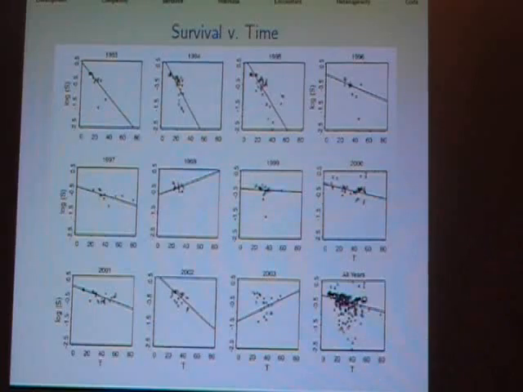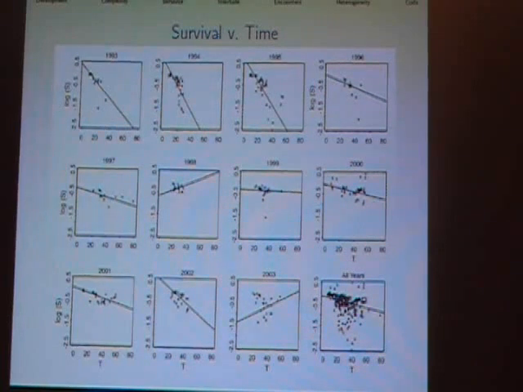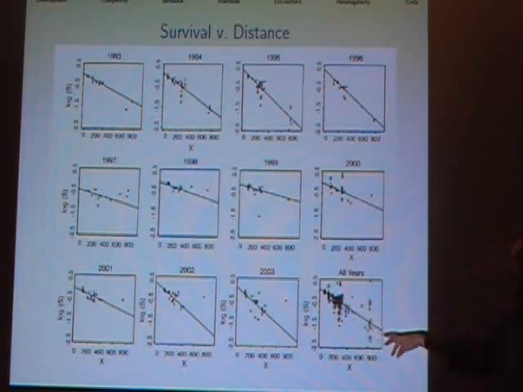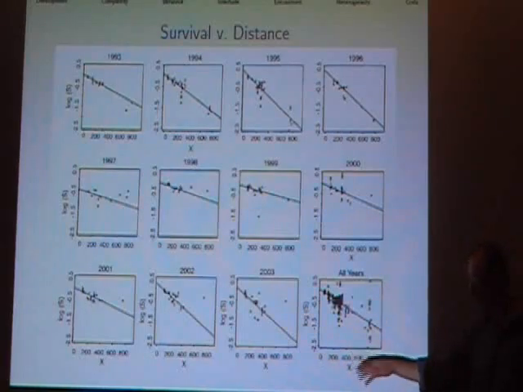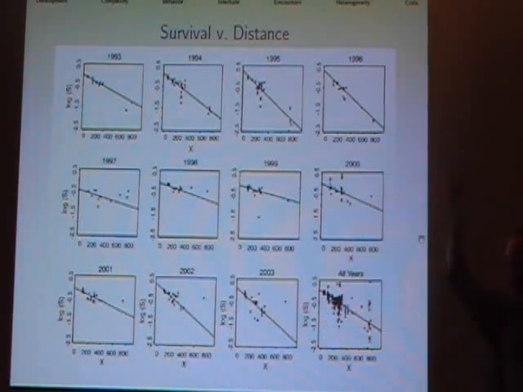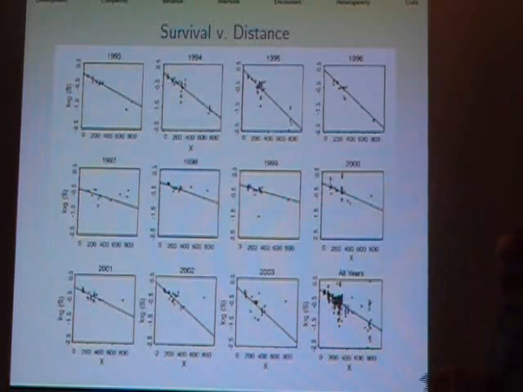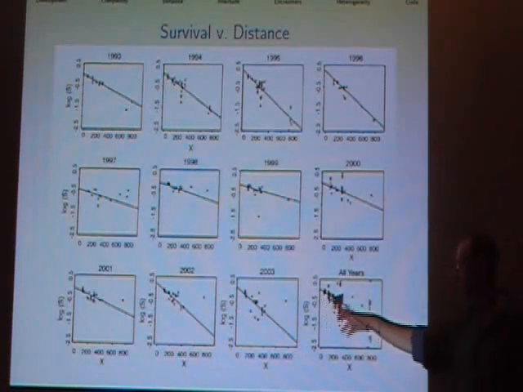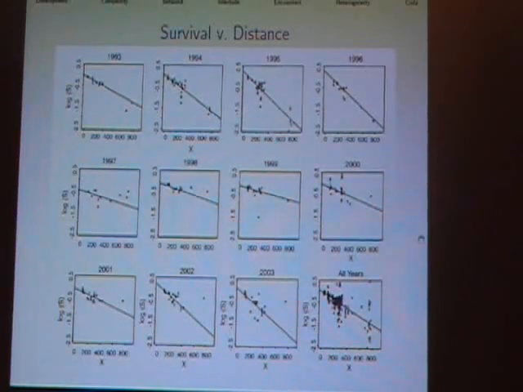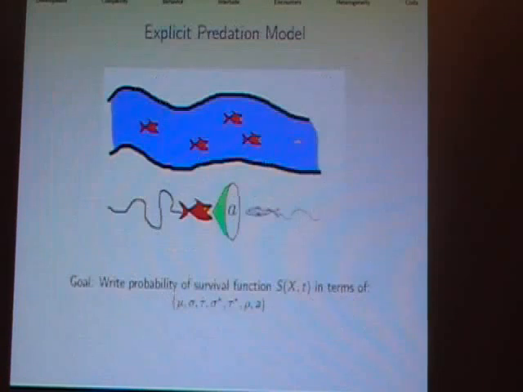Very few of these regressions are significant, maybe only one. Whereas distance is much stronger. Actually this isn't a single reservoir, this is moving through a bunch of reservoirs from a bunch of different releases up the Snake River. Log of survival against distance, you see there's a stronger relationship to distance. And this has something to do with encounter rates.